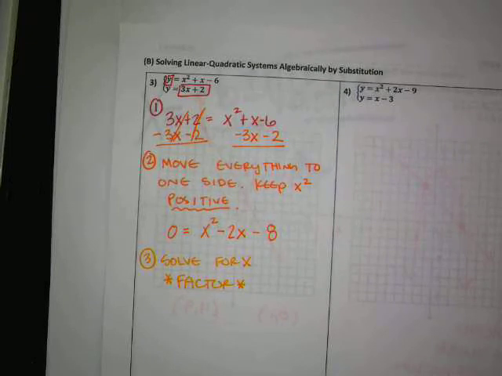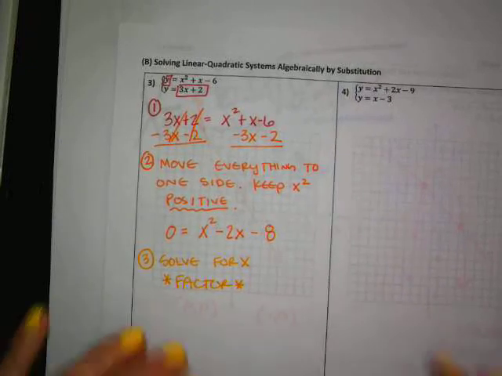You could do quadratic formula, but factoring is going to be the fastest and the easiest once you get good at it. If it is unfactorable, then yes, you would have to do quadratic formula or completing the square. But I think all the ones on your practice are either factorable or they have a GCF, and then these both are factorable.